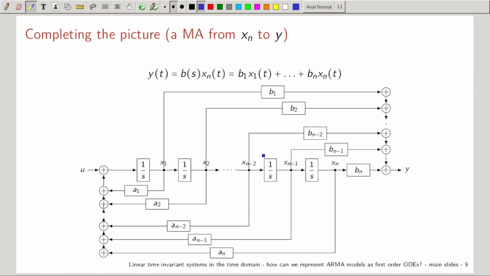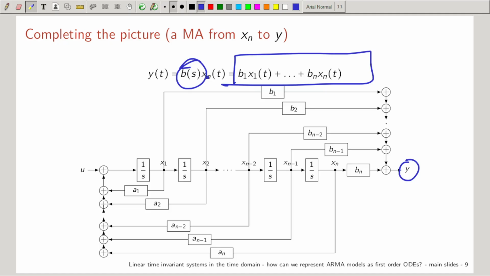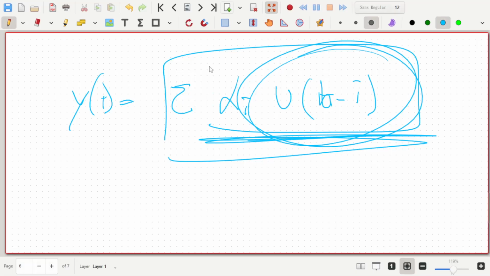And then, what happens? If I think of y, what is y? Y is the polynomial b times x. That means, since the polynomial b is something with the s's, let's make an example here so that it's going to be more clear.